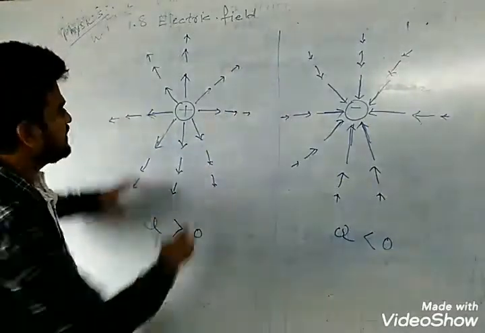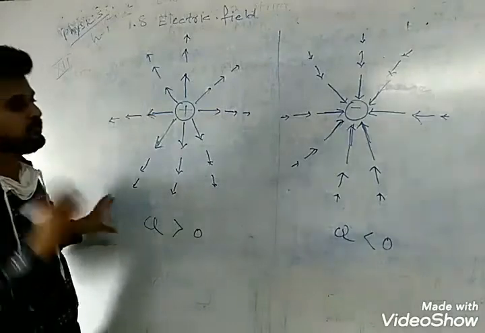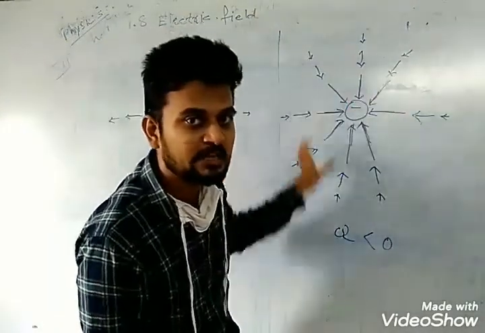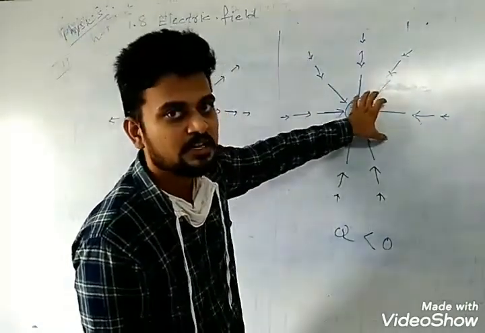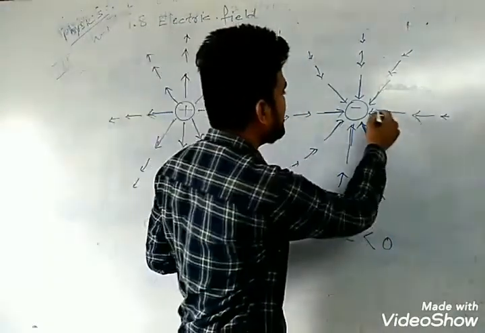For a negative charge, the electric field vector is radially inward.